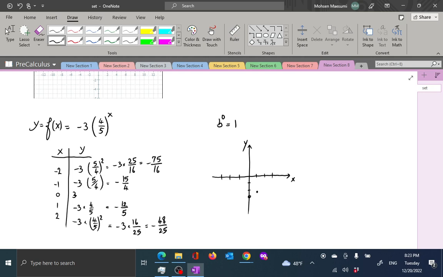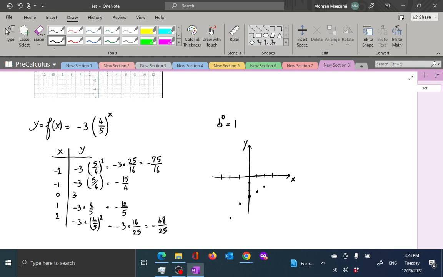Minus 48/25 is going to be a bit less than 2, and here. At minus 1 is going to be minus 15/4, that's going to be almost 3.75, and this one is about 4.5.